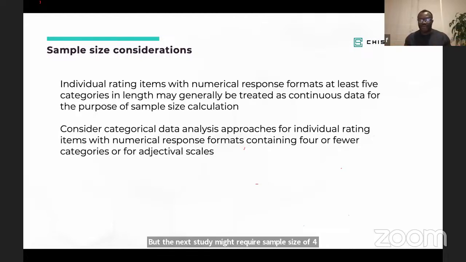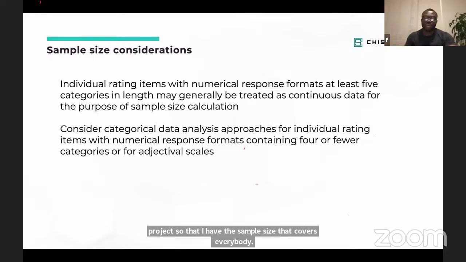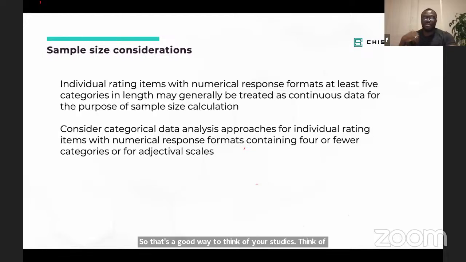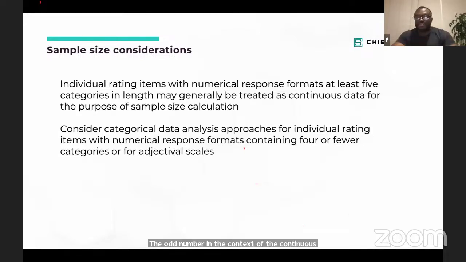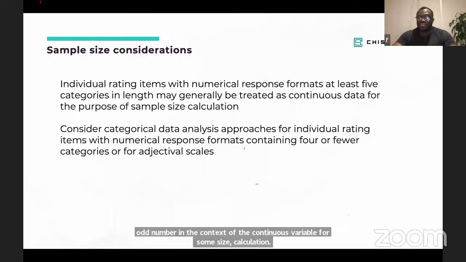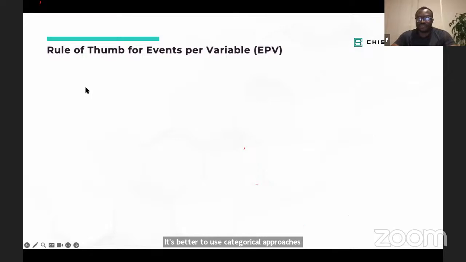So I want to plan this project so that I have the sample size that covers everybody. So that's a good way to think of your studies. Especially when you're collecting primary data, don't plan for the best case scenario, plan for the worst case scenario. So while you can use the ordinal variable in the context of the continuous variable for sample size calculation, it's better to use categorical approaches to ensure that you are planning for a worst case scenario.